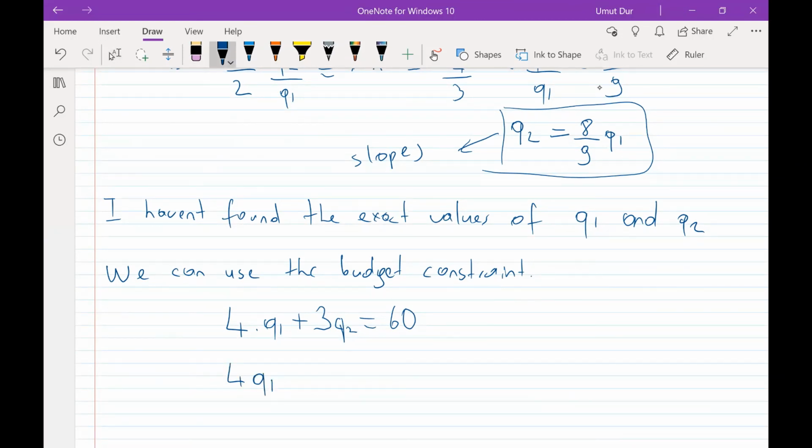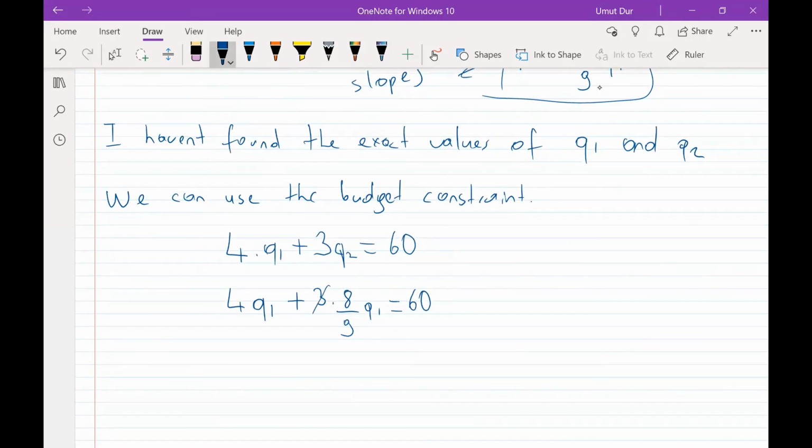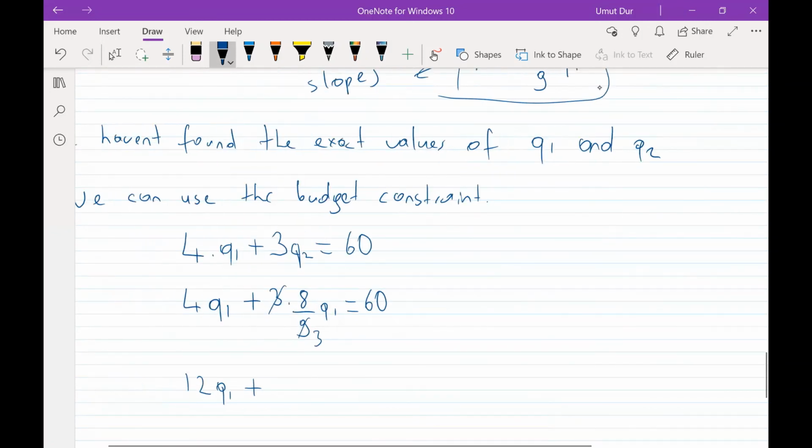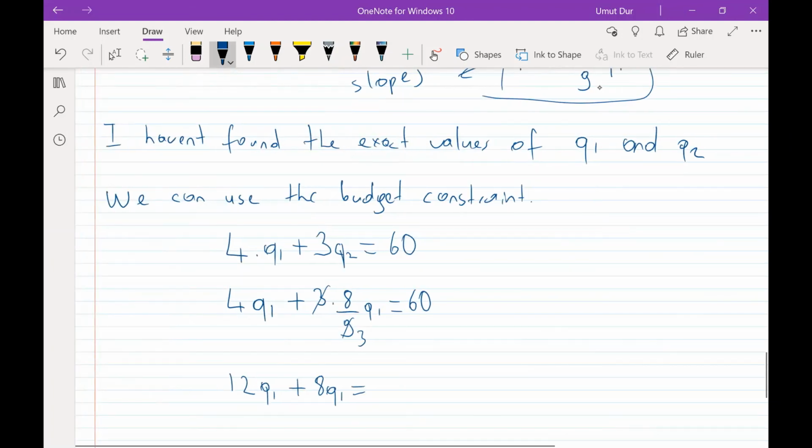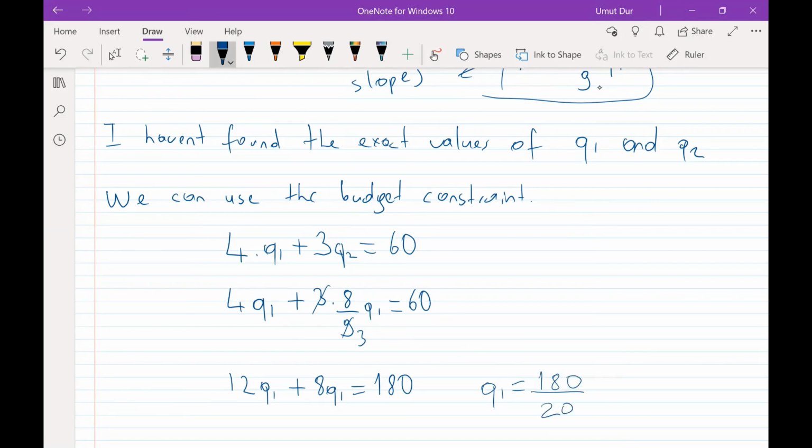Then I have 4 Q1 plus 3 times 8 over 9 Q1 equal to 60. Let's multiply every part by 3: 12 Q1 plus 8 Q1 is equal to 180. So Q1 is equal to 180 divided by 20, which is 9.